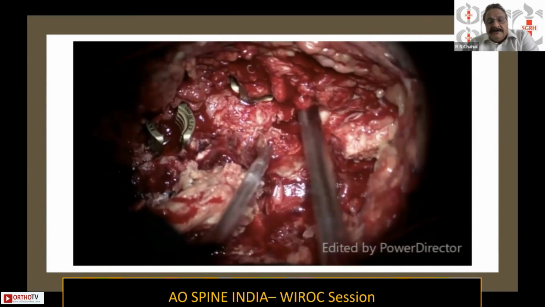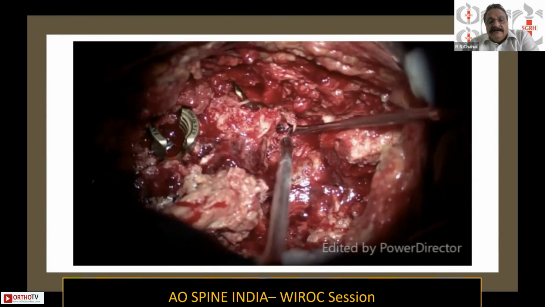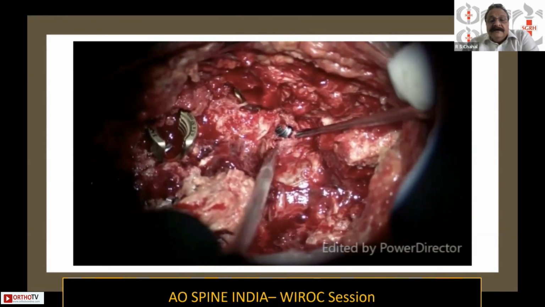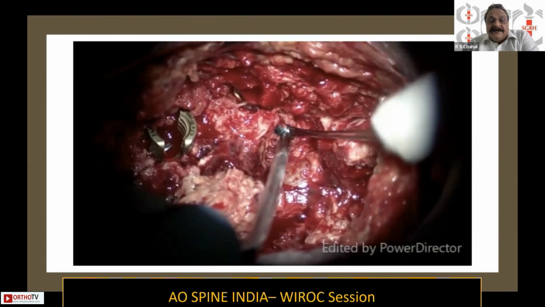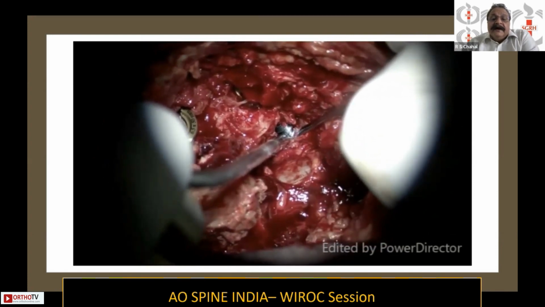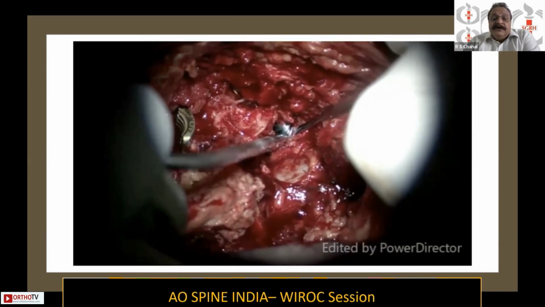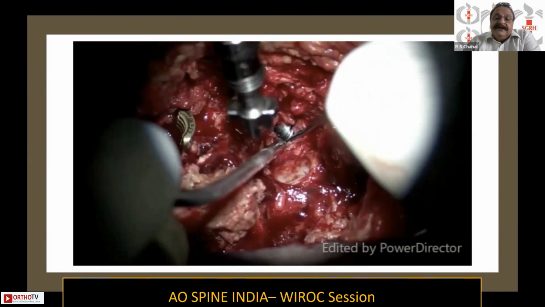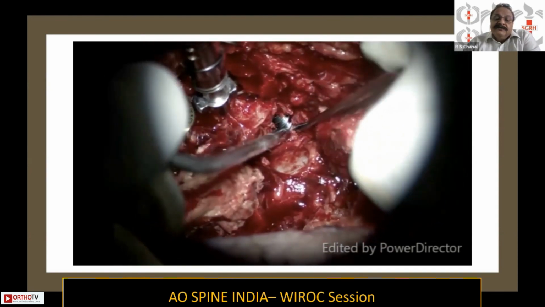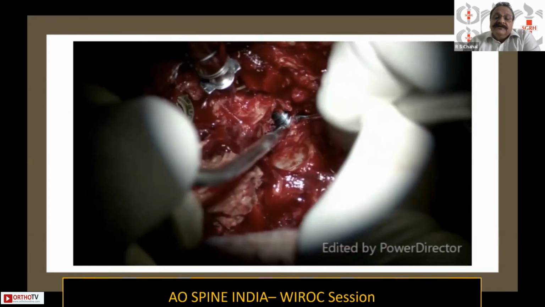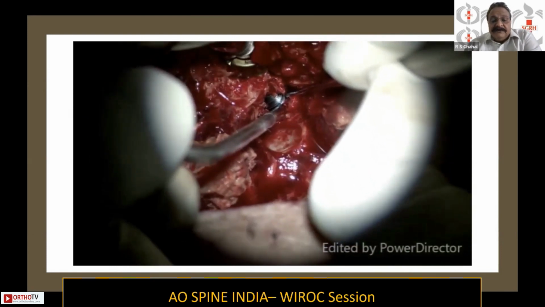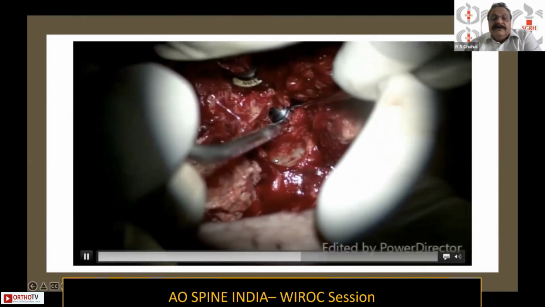So it is important that you do a good laminotomy, see the root as it is here, do a good root retraction, all under vision, all probably under the microscope. And this is an important step: the main surgeon can do this, and your assistant can actually remove the screw. So this is important. Rather than removing the screw, saving the nerve root is the more important thing. So this is how it is.